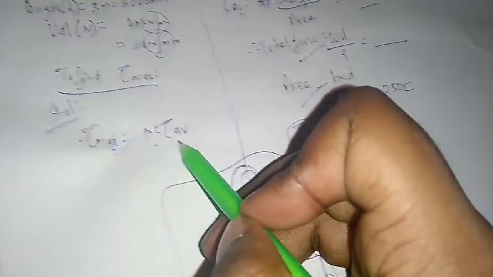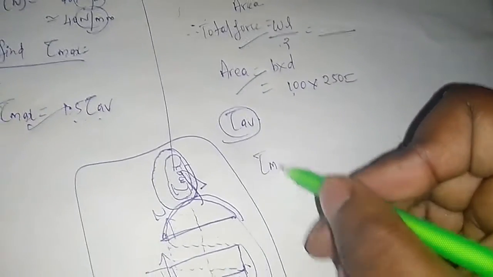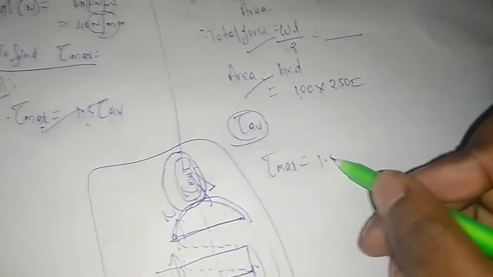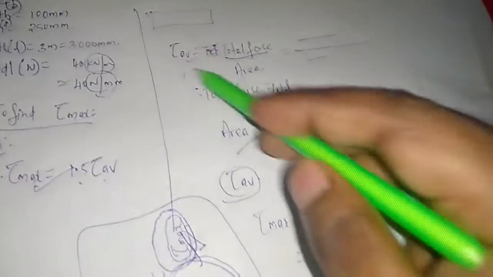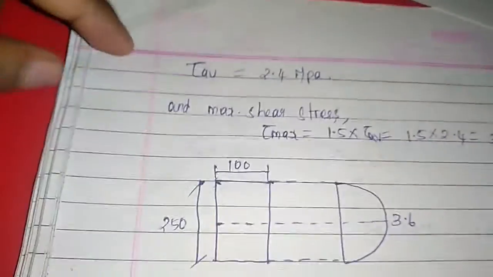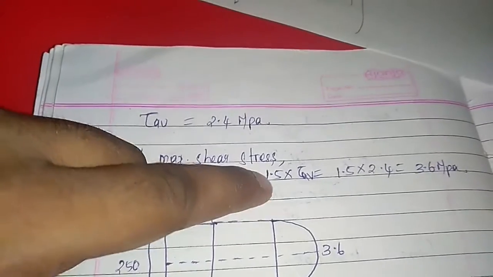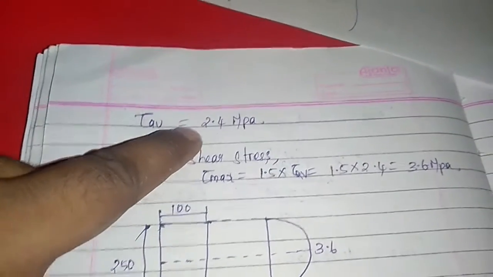So then what is the maximum shear stress? That is 1.5 into tau AB. So tau maximum is equal to 1.5 into tau AB, substituting the value that you have got from this formula. Your tau AB is 2.4 Newton per mm square.